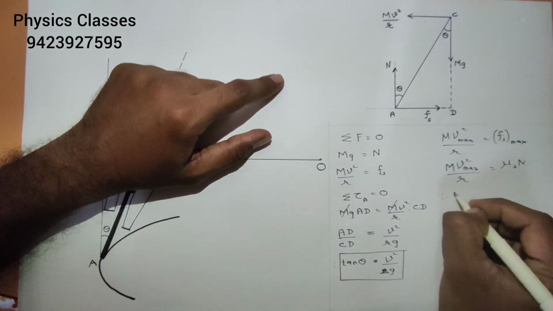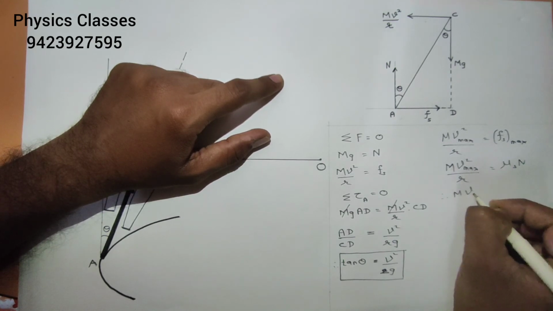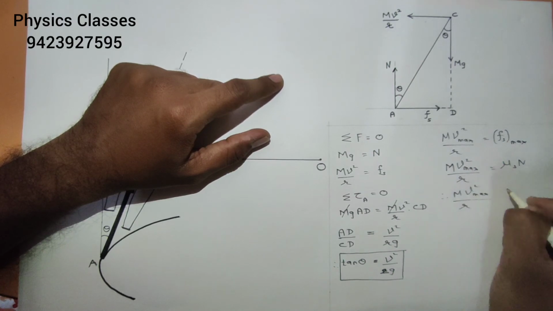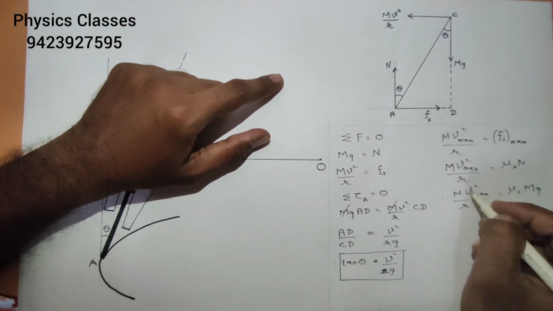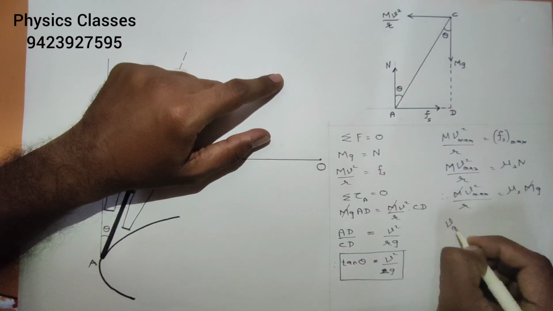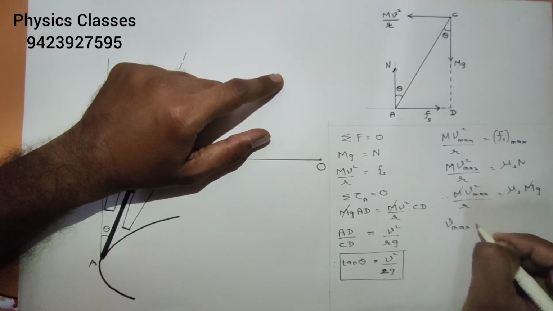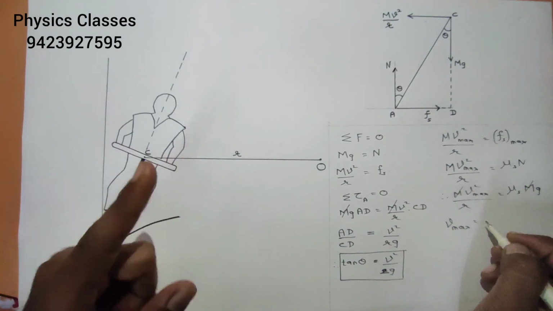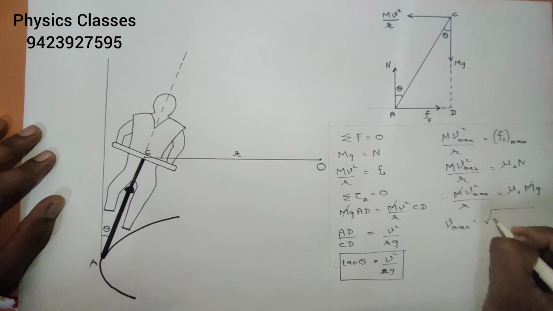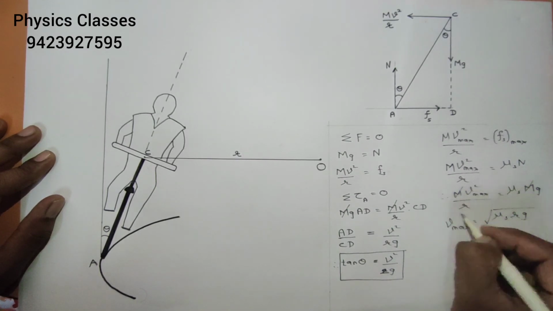Therefore m v max square upon r will be equal to mu s into mg. So here m and m will get cancelled. The maximum velocity with which the cyclist can take a turn comes out to be equal to square root of mu s r g.